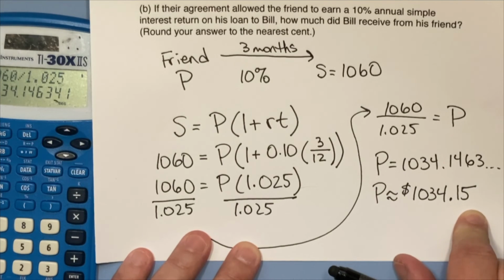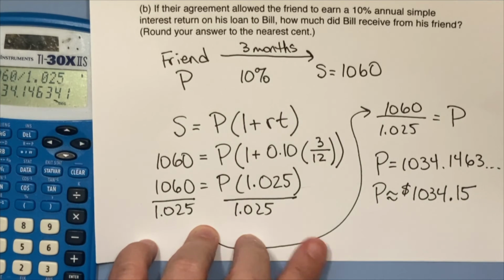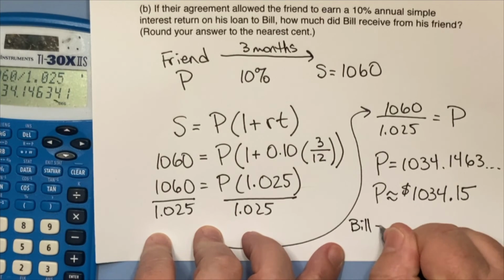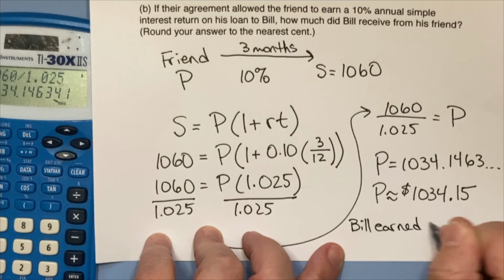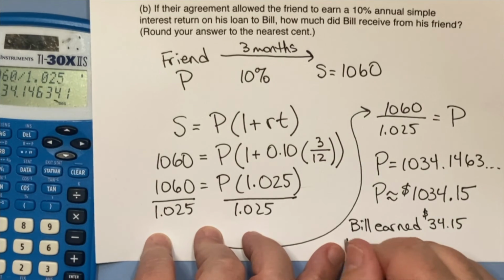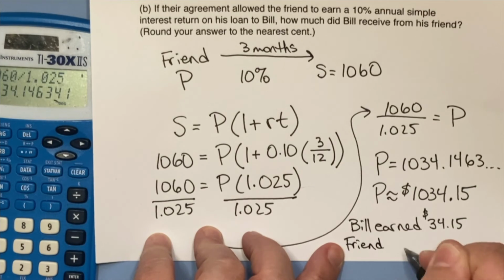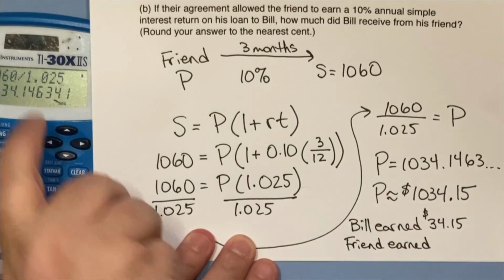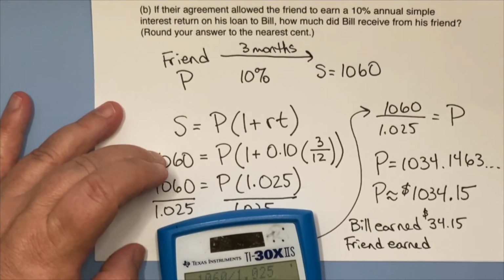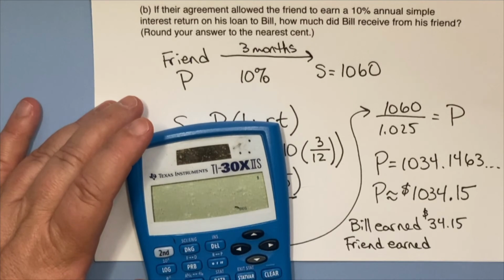And then the friend earned the rest of the interest. So we'll have to figure out what the rest of it is. So the friend paid Bill the money and then got the remainder of the $60.